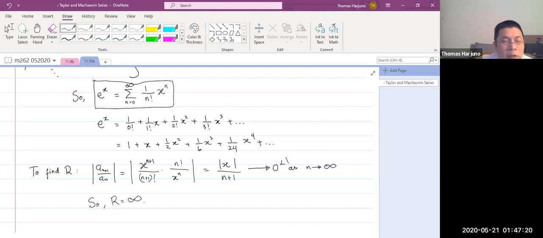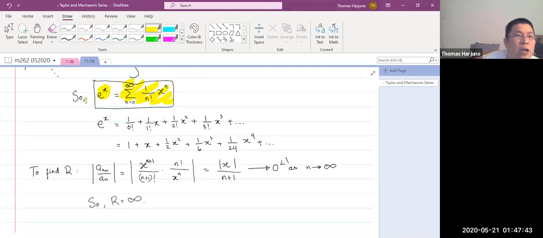But as long as you go far enough, eventually the series on the right-hand side will give you a good approximation for e to the x. At that time, you can decide how many decimal places you want, and then I can find how many terms I need to do it.